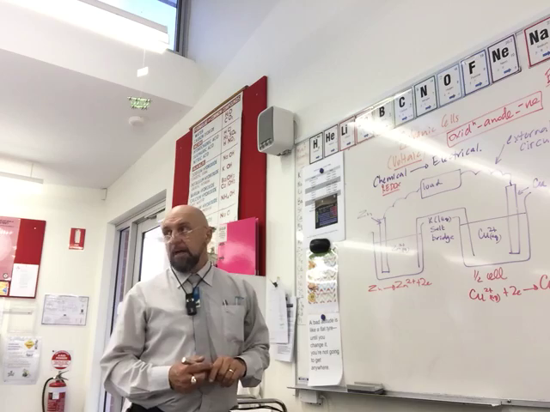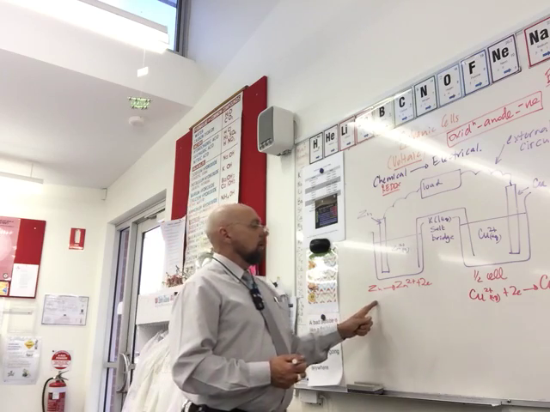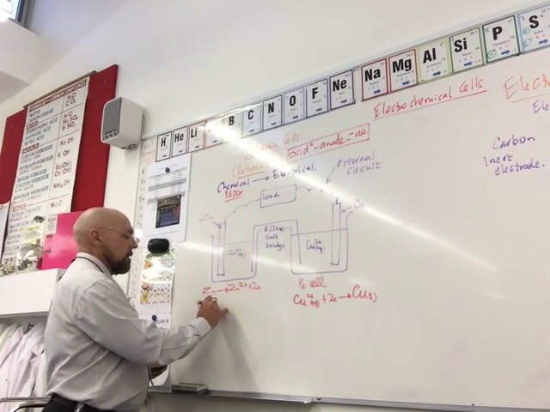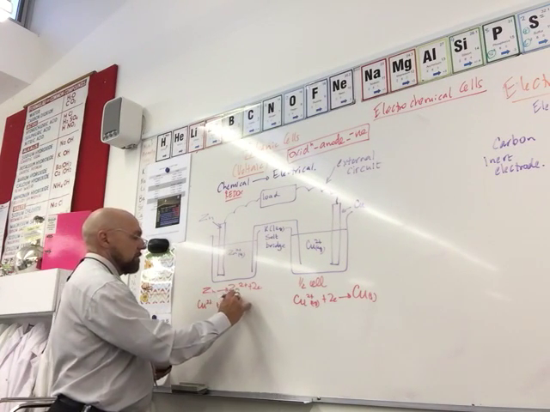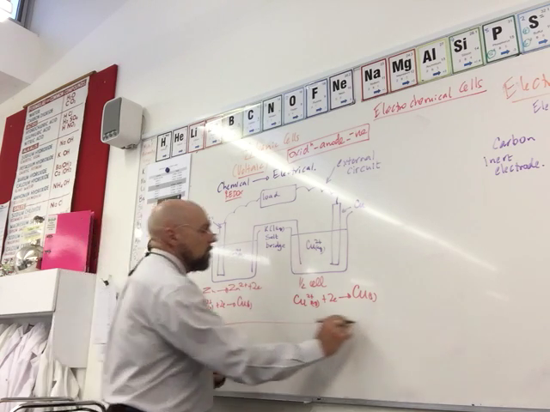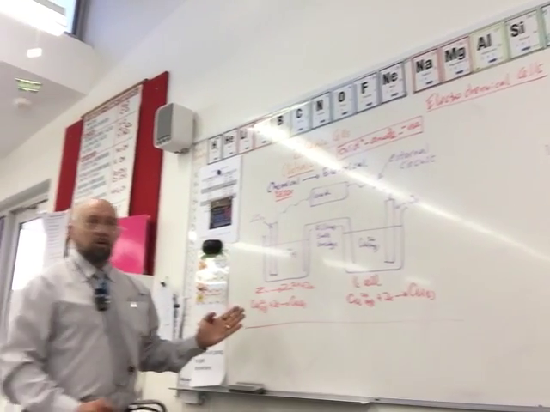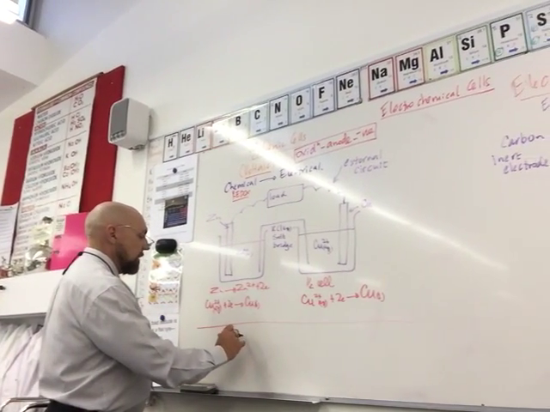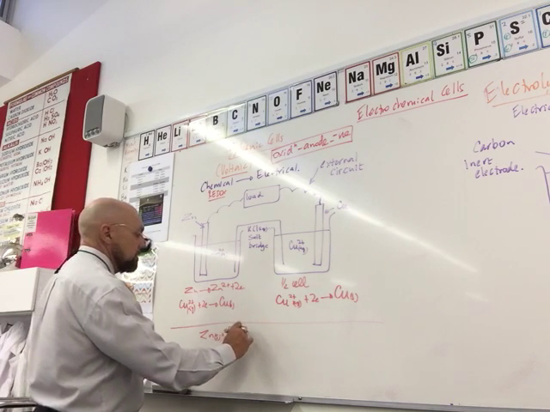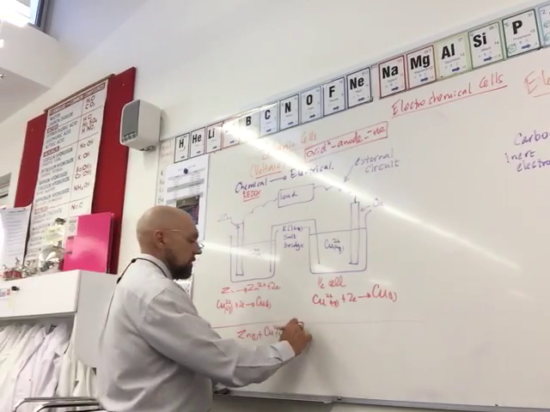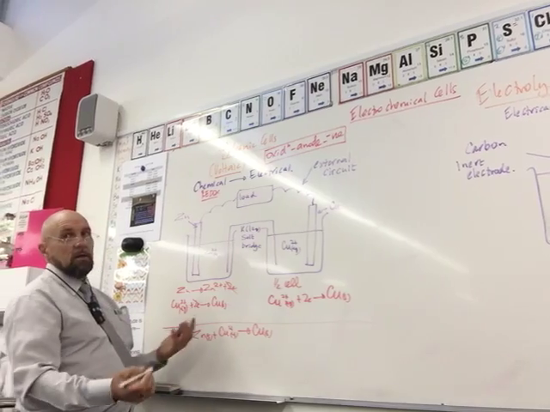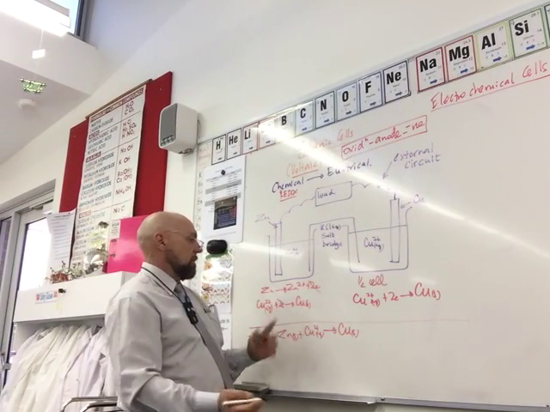If I add those two half cells together, like I would for a normal redox reaction, I get this. That plus 2 electrons goes to Cu solid. The overall cell reaction for this battery would be Zn solid plus Cu2+ aqueous goes to copper solid plus Zn2+ aqueous. I'm going to cancel those, just typical redox addition.